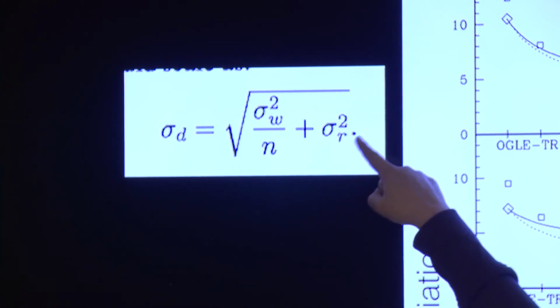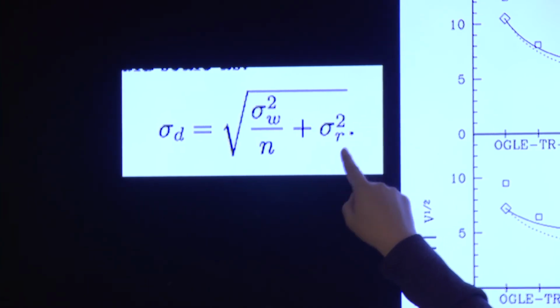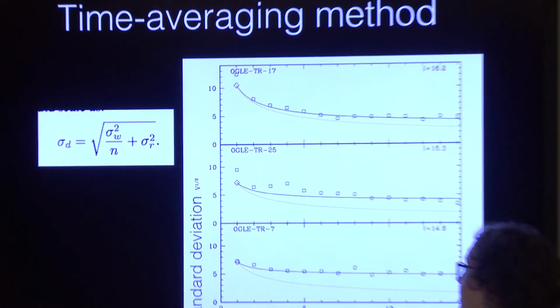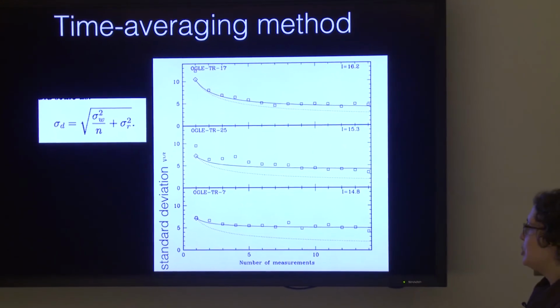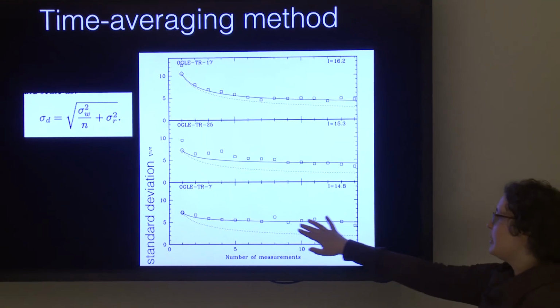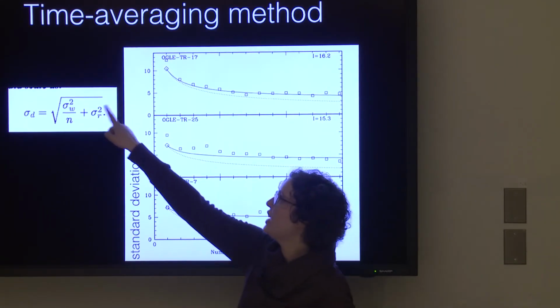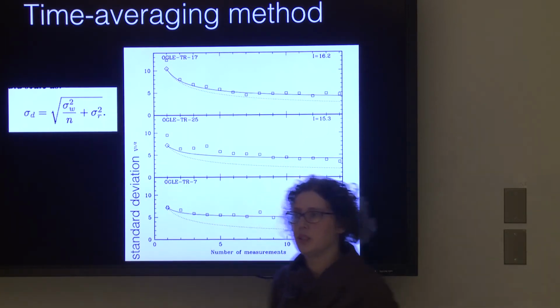If you have a red noise component, that would add a constant term that wouldn't go away as you got more data. And so what they did was to look at the standard deviation as a function of the number of measurements, and then fit this sort of function to it.